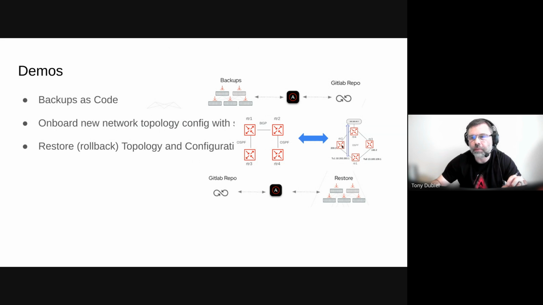We're going to change the topology around so they're connected a little bit differently, but I'm also removing a routing protocol, so BGP is not utilized in the second topology. It's just OSPF.